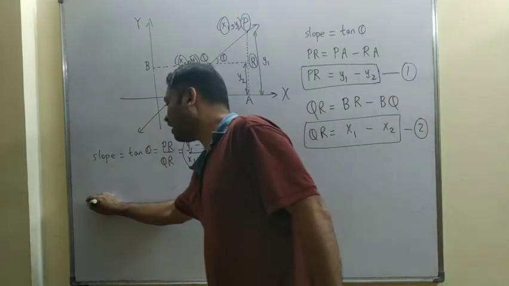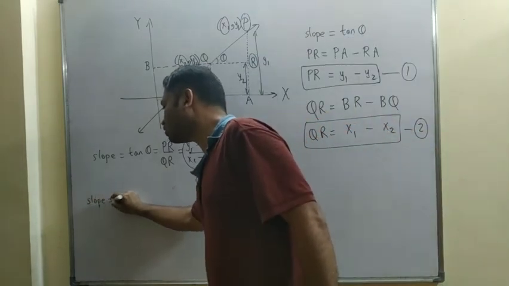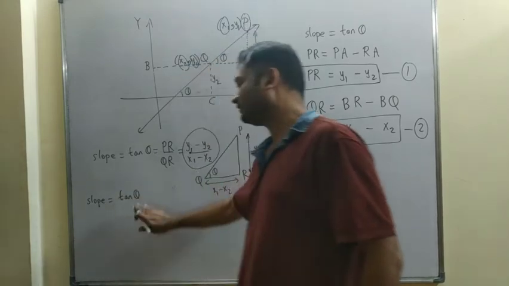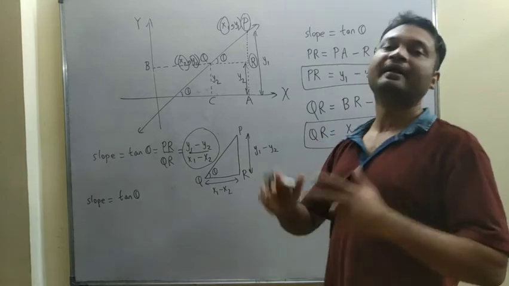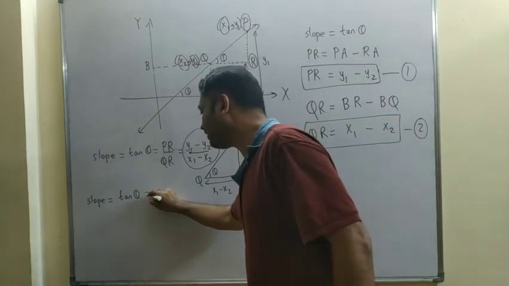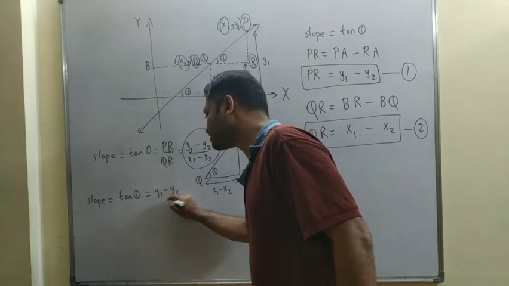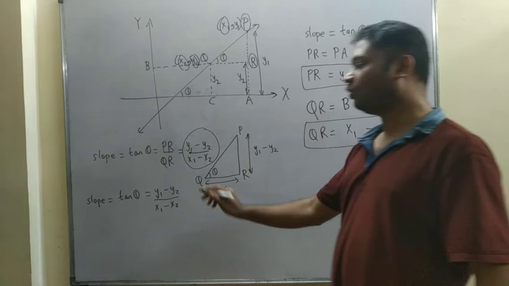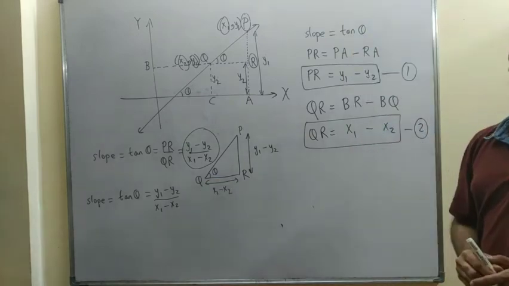So now we have two formulas for slope. Slope is equal to tan theta, where theta is the angle made by the line with the positive x-axis, and another formula for slope in terms of x and y coordinates, which is y1 minus y2 upon x1 minus x2.